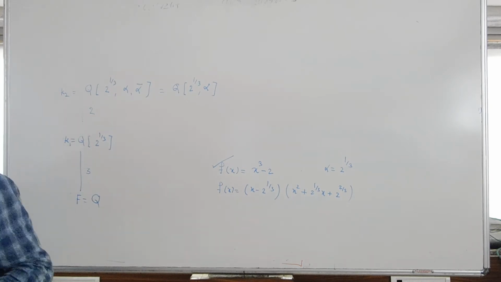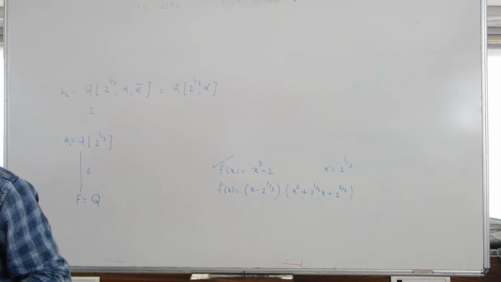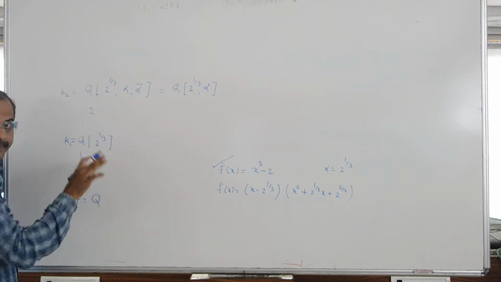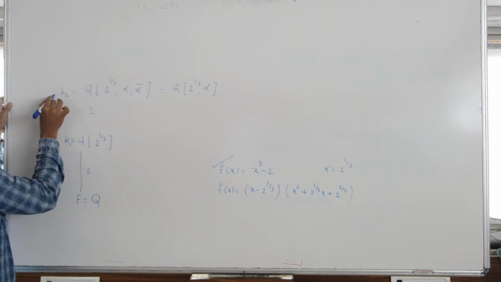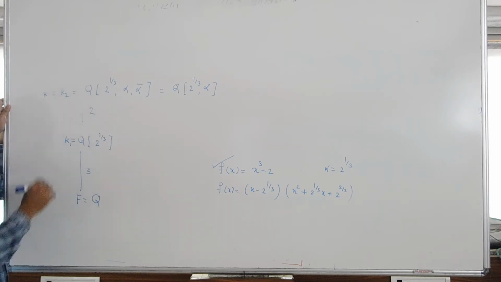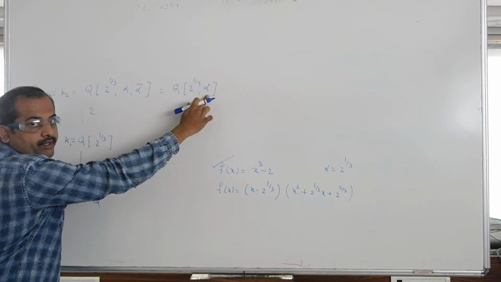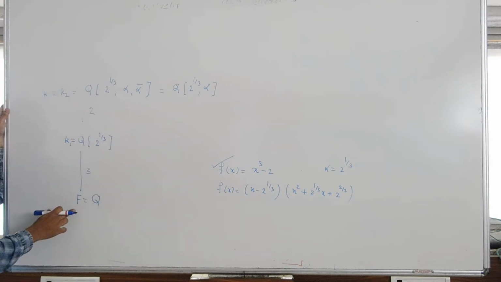Now one can say K2, or you can say K, equal to Q of 2 raised to 1 upon 3, alpha, is finite, so it is an algebraic extension.